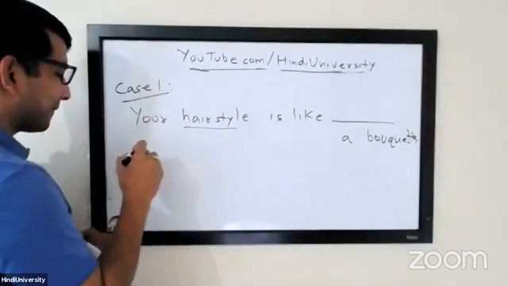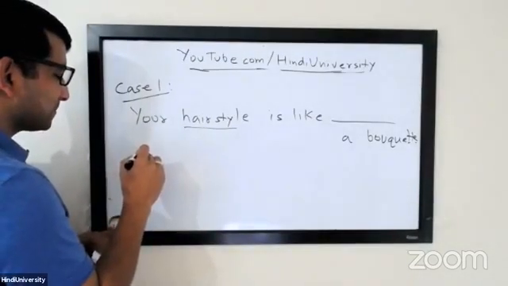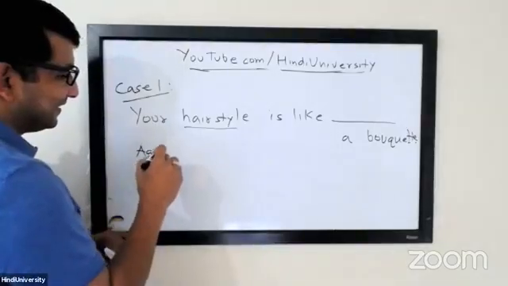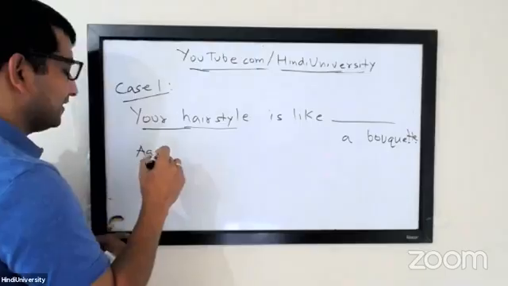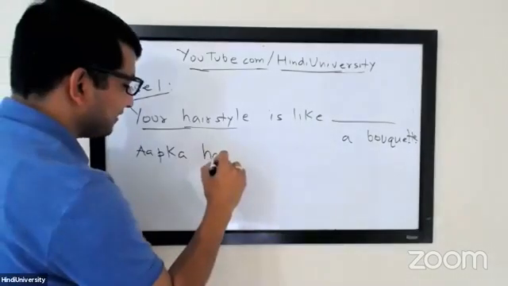To put it in the proper grammatical structure: your hairstyle, a bouquet is like. I don't know the word you've chosen for hairstyle, so just put hairstyle. First start with your hairstyle. That'd be आपका hairstyle. Very good.